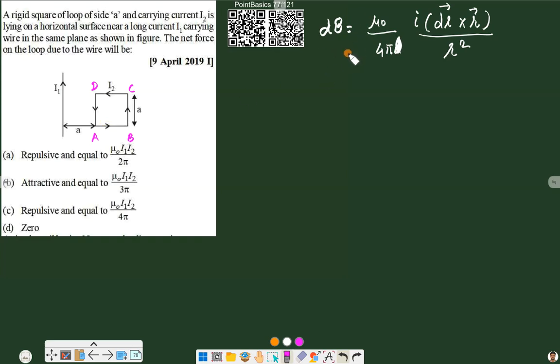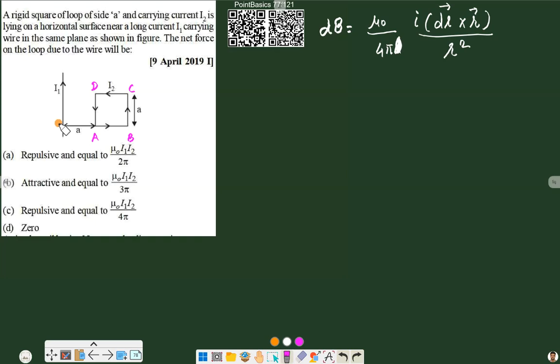Now, for the magnetic field due to a current at any point, what we will do here is first find the value of the magnetic field along these conductors, and then find the force experienced by these conductors. So let's start with CD and AD, because for these we know the formula, as we can consider them as two parallel conductors.